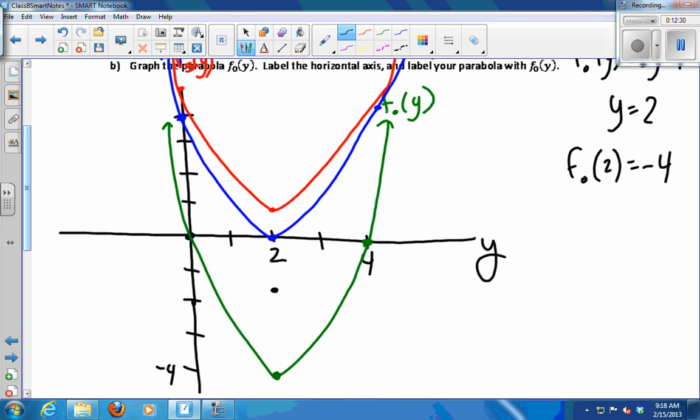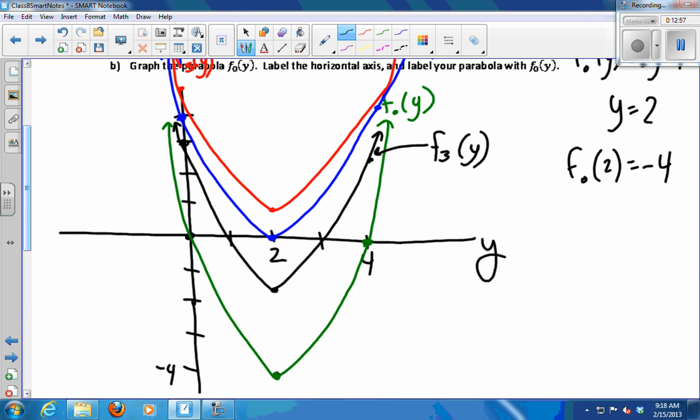So it's going to be like this. Up 1, 2, 3. Black one. This is f sub 3. So I have parabolas for several different values of mu.